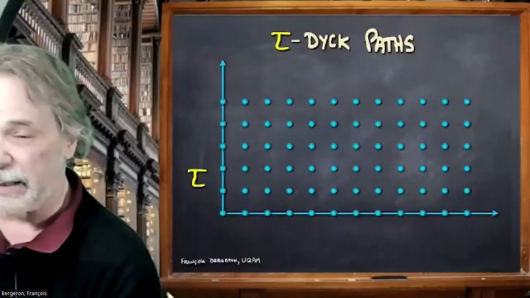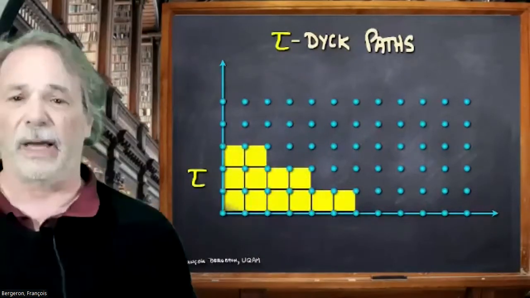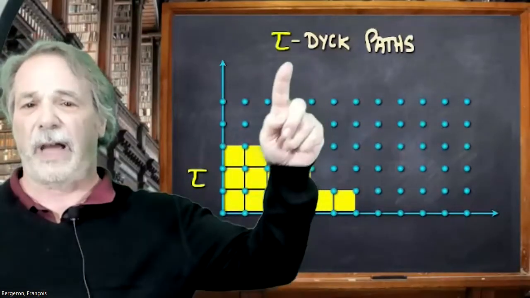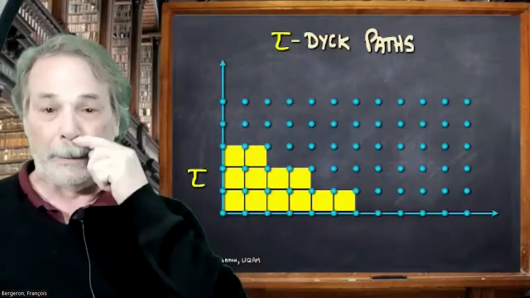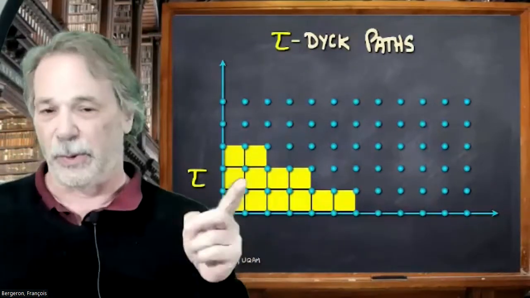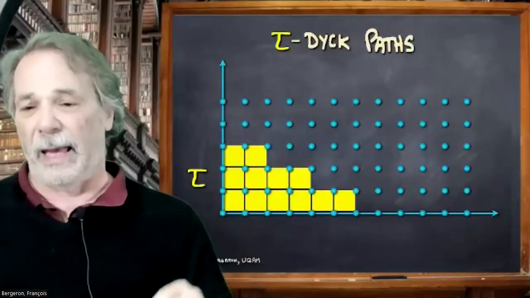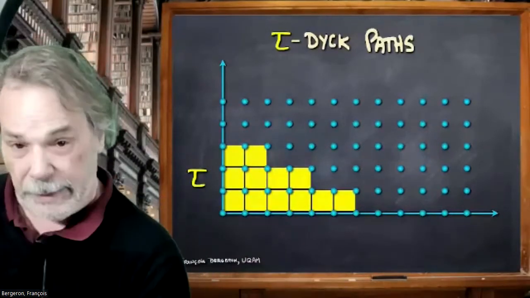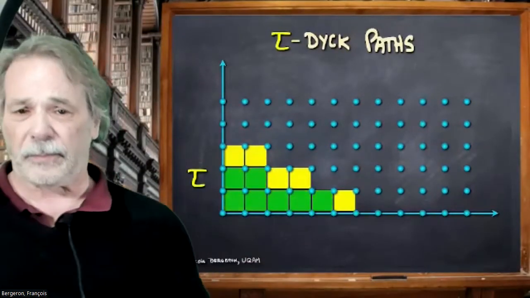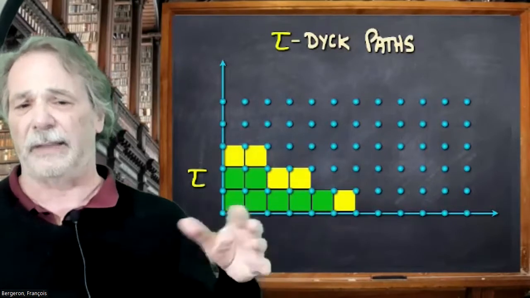That's a very classical way of doing things. So I fixed tau, a yellow triangular partition. Believe me, this one is triangular. And then I look at all partitions that sit inside tau.